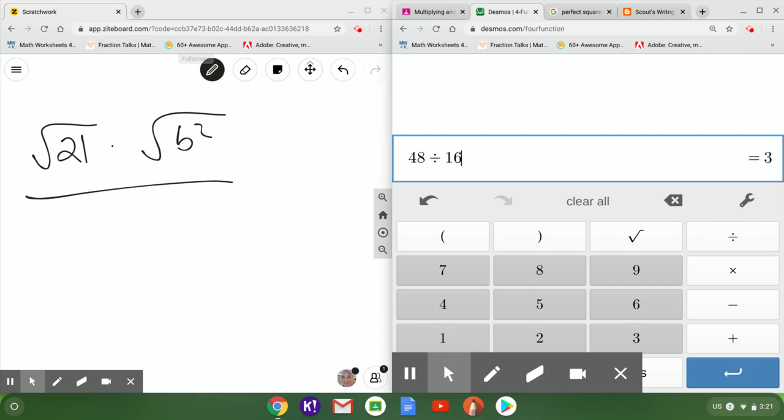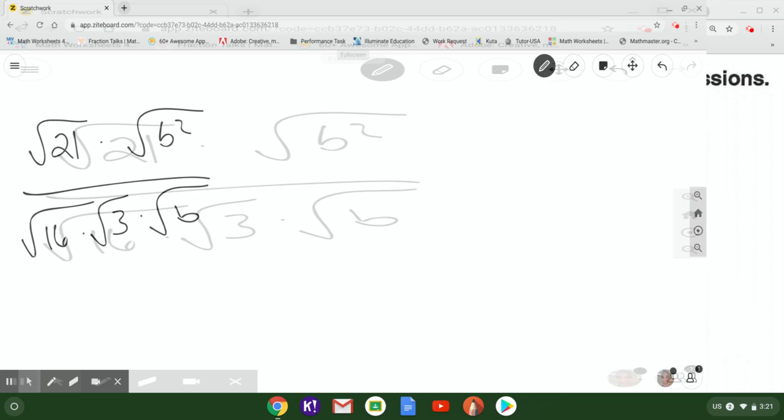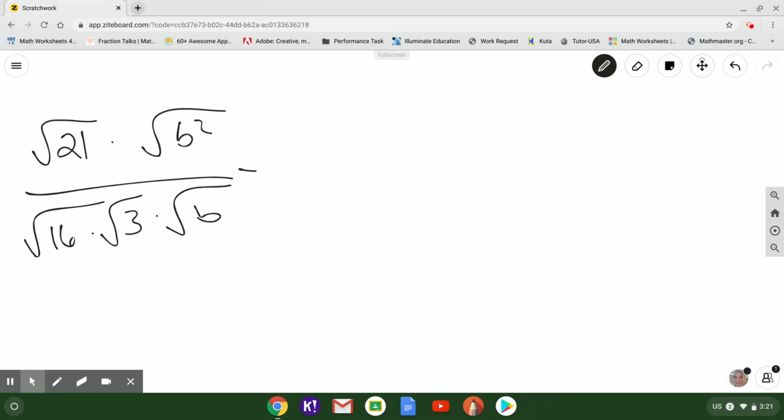16? Yes, it is. So I'm going to rewrite that as square root of 16 times the square root of 3. And then what was there? A square root of b? This is going to be a mess. That's okay. So this square root of 16 is going to get replaced by, well, first, that gets canceled.